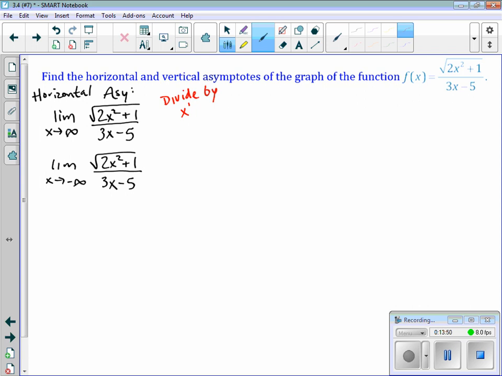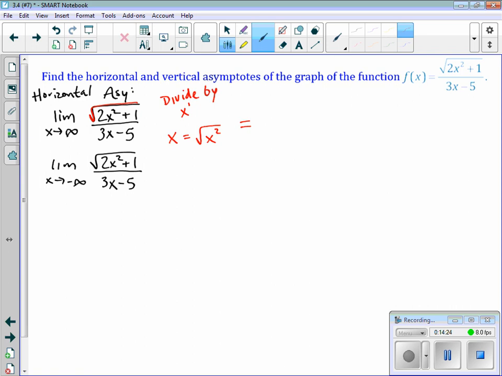Now, x outside of here is equivalent to what underneath the square root? This confuses some people, so ask questions if you have questions. What under here is equivalent to x? If I have the square root of x squared, that's equivalent to x, okay? So when I divide by x to the first, but I'm working under that square root, you actually have to divide those things by x squared, because those are equivalent to each other. Does that make sense? Ish.